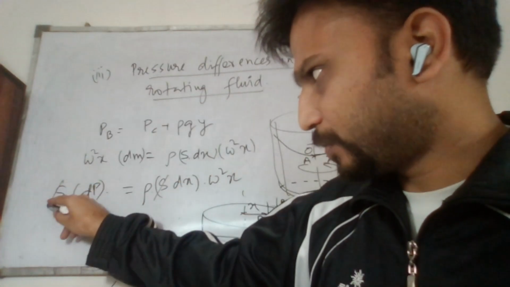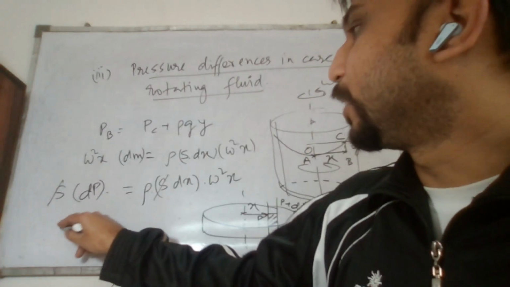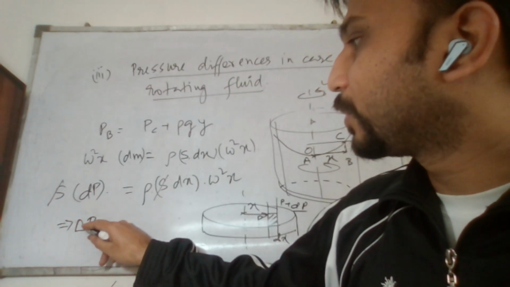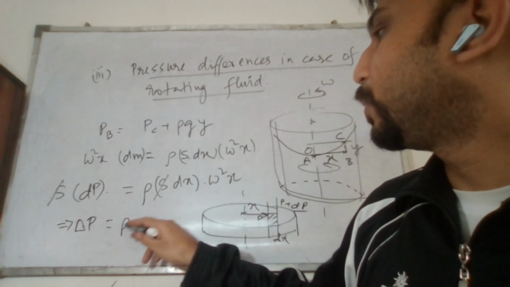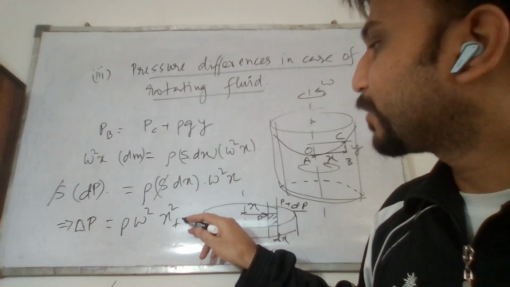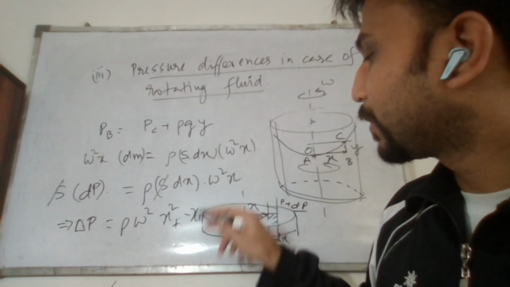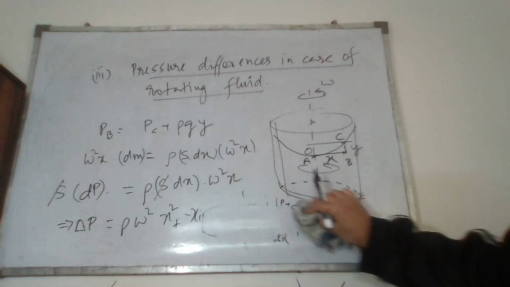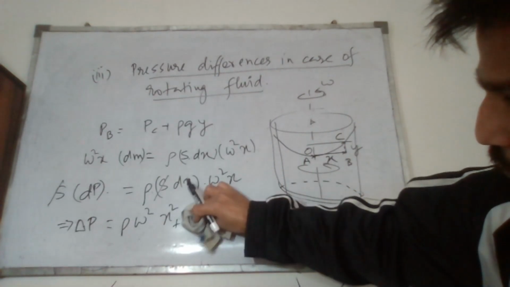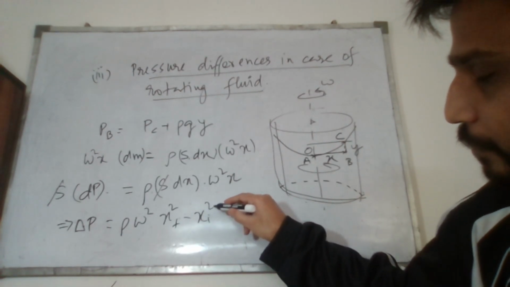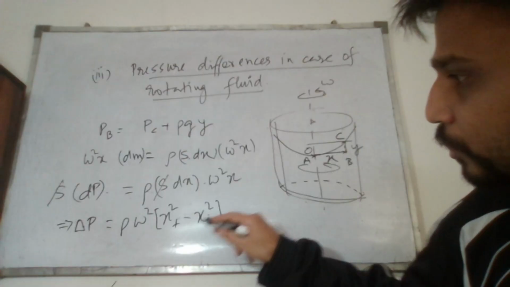This S cancels out. And on integration, we get delta P is equal to rho omega square times xf square minus xi square, by 2.